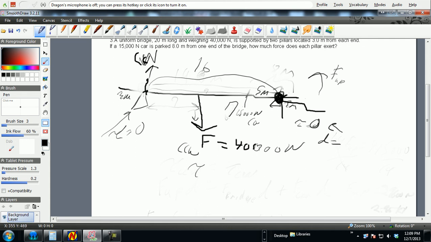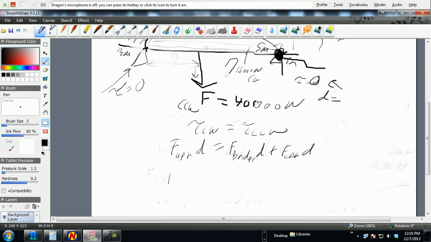So now let's do clockwise equals counterclockwise. This is the F up on the right hand side. So that becomes F up on the right side times his distance, that's clockwise, and then it equals the F of the bridge times his distance plus the F of the car times his distance.